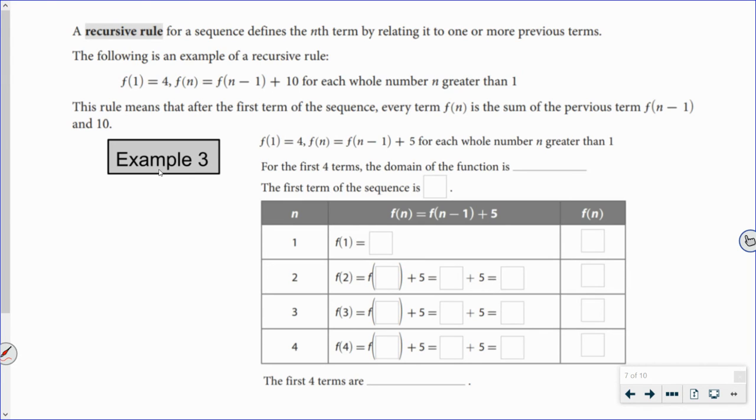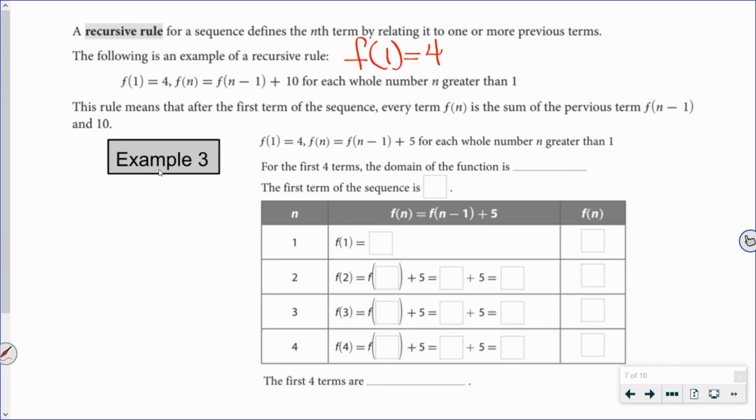Check it out. In a recursive rule, we're going to say f of 1 equals 4. In other words, I'm going to tell you what the first term is. I don't have to do that with an explicit rule. But in a recursive rule, I've got to tell you where to start. Have to. Because if every term is dependent on the previous one, that means I have to know where to start before I can go to the next term.